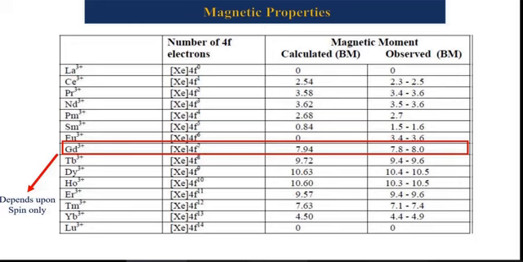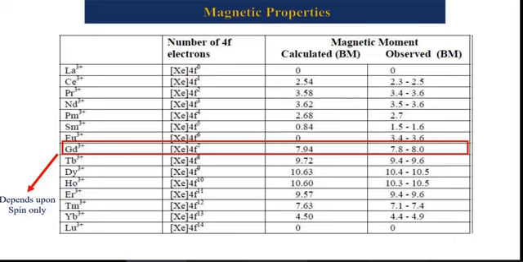And we get 0 in observed as well as calculated. Once we move from lanthanum to cerium, praseodymium, neodymium, promethium, and so on, you will notice that most of the magnetic moments show quite a similarity with the observed value.